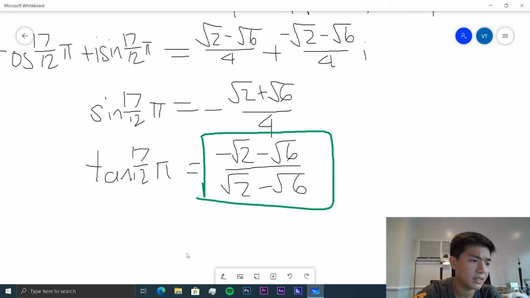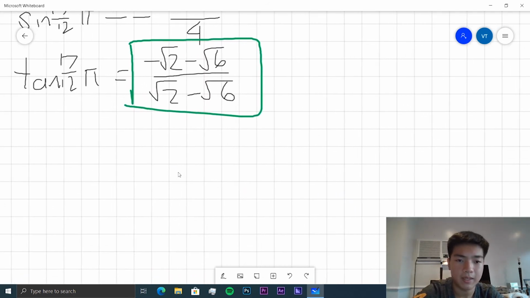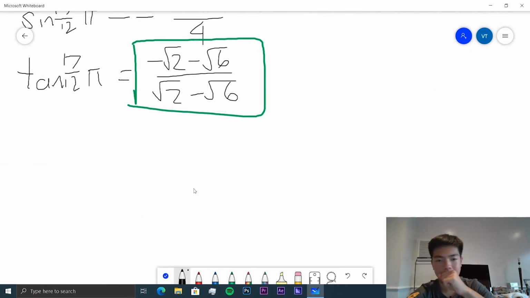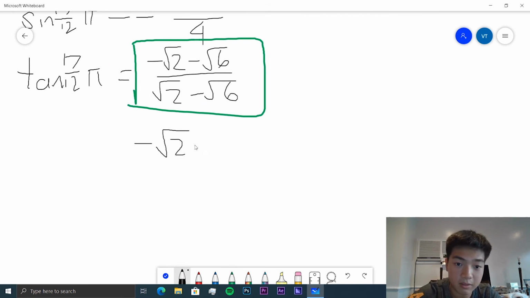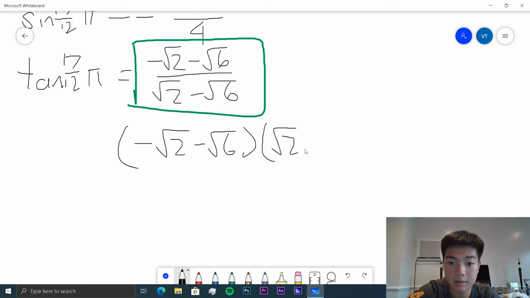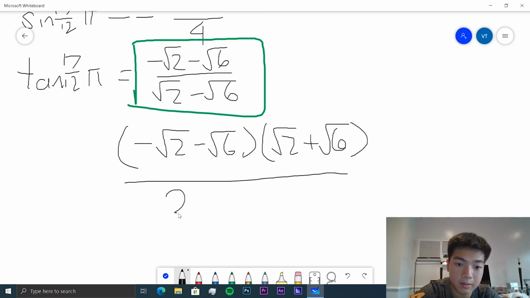Can we simplify this? Let's try and rationalize the denominator. Negative square root 2 minus square root 6 times square root 2 plus square root 6, all divided by 2 minus 6.